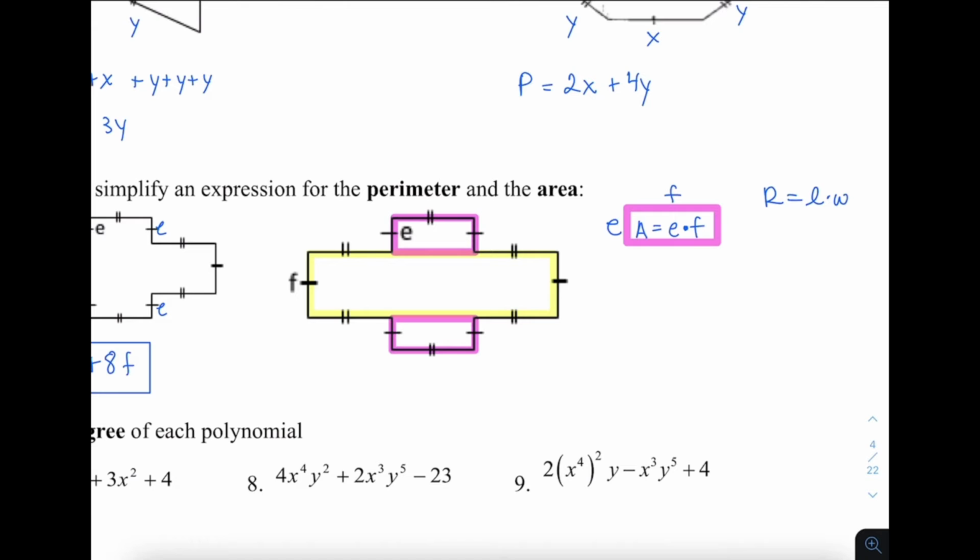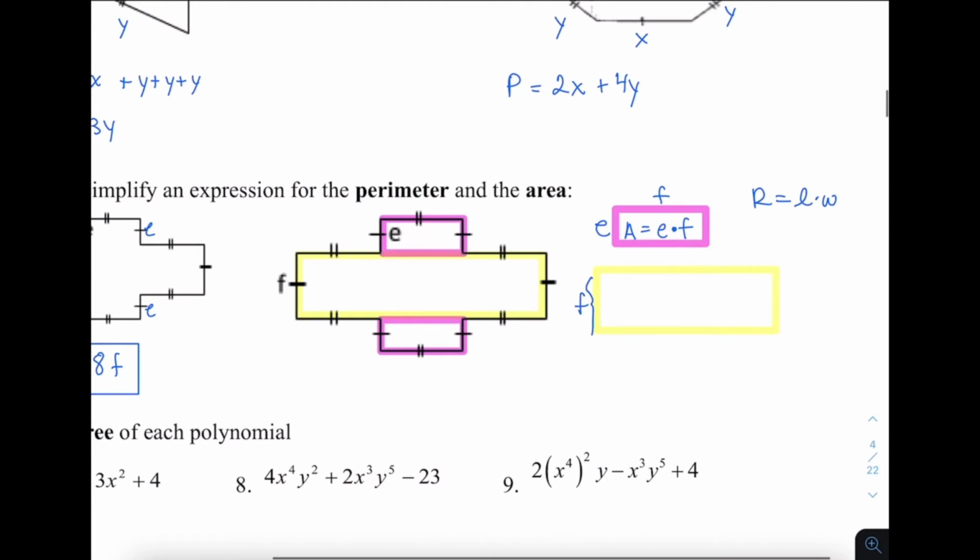Now, if I look at my yellow rectangle, again, I always know that the area of a rectangle is length times width, and I know this length from here to here is F. But now I want to know the length across. So what is this longer length of the yellow thing?